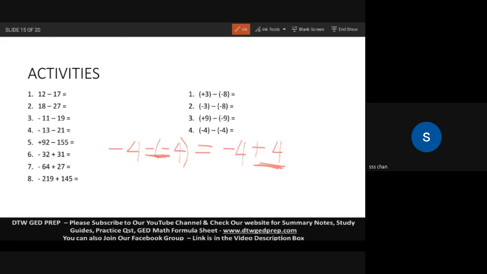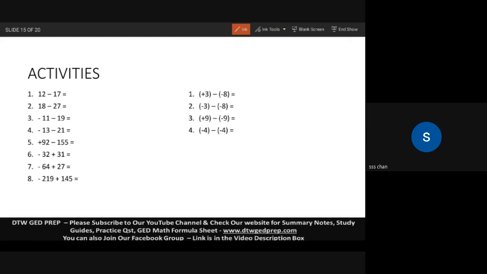But what is negative 4 plus 4? As we established, if it's not too clear to you, swap it. So it becomes positive 4 minus 4. You are removing 4 from 4, and of course, once you remove 4 from 4, you just have 0.